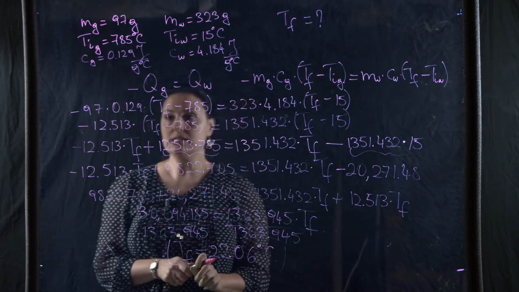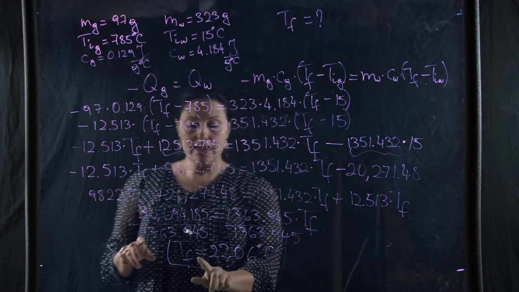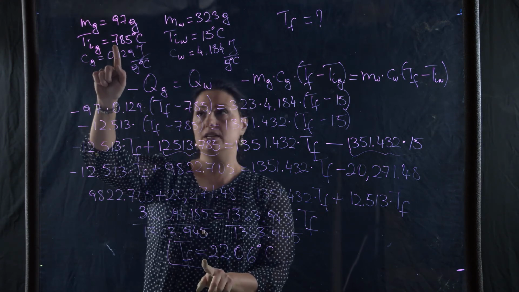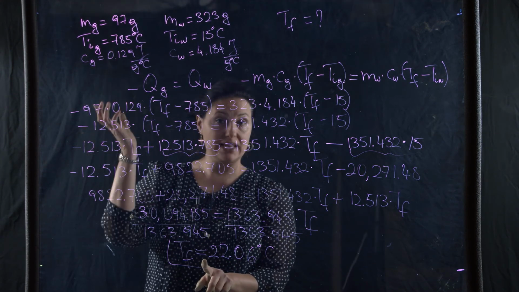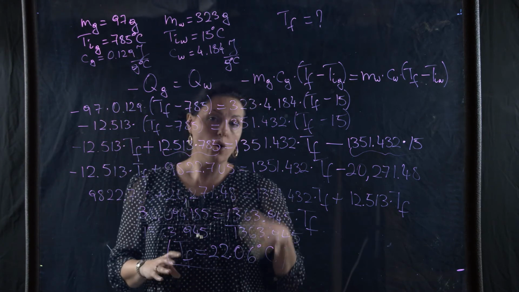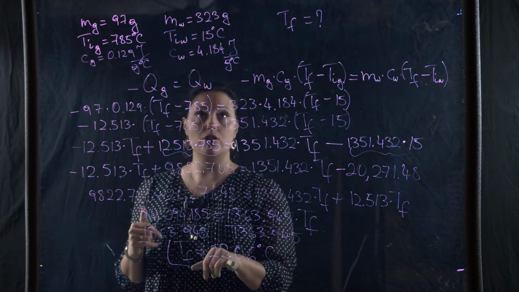Now, let's just stop and ask ourselves, does this answer make sense? Okay, my final temperature is much smaller than the initial temperature of gold, which makes sense. Gold was really hot. It's going to be put in cold water, so it's going to lose a lot of heat. So the final temperature is going to be lower.